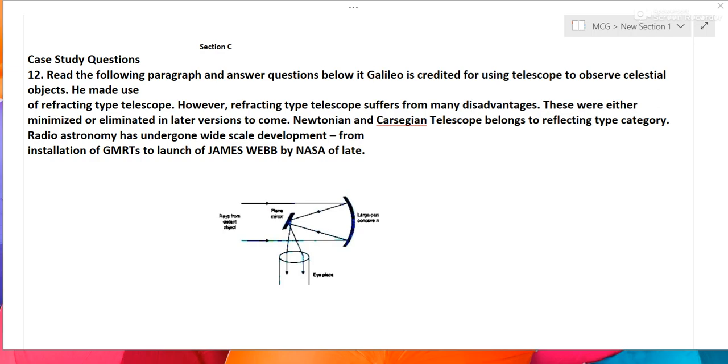So now the last question, a case study based question. Read the following paragraph and answer the following questions. Galileo is credited for using the telescope to observe celestial objects. He made use of a refracting type telescope. However, refracting type telescopes suffer from many disadvantages.